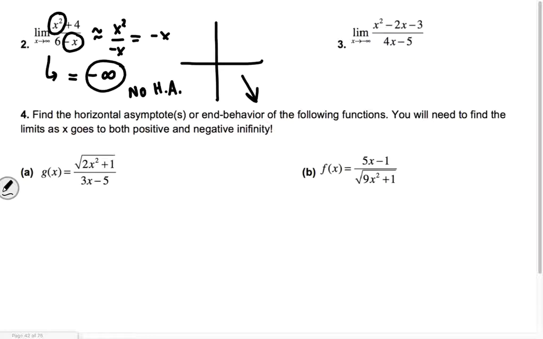All right, this next one, we have x squared over 4x, which ends up being x divided by 4. So what do we get when we go to negative infinity? Negative infinity, right? People are always like, oh, but we divided by 4. Infinity divided by 4 is still infinity. I know, it's really weird, isn't it?